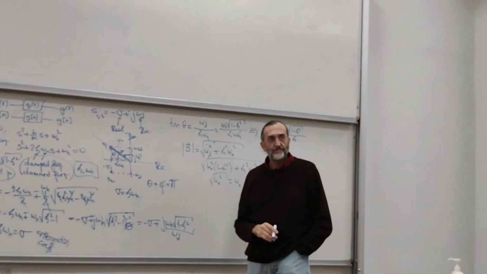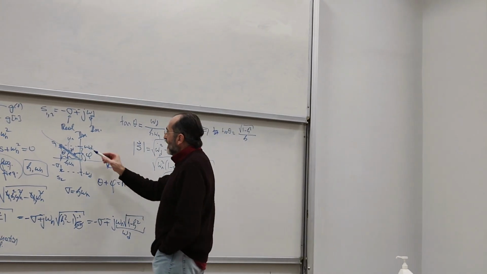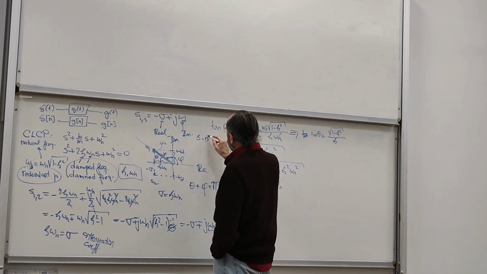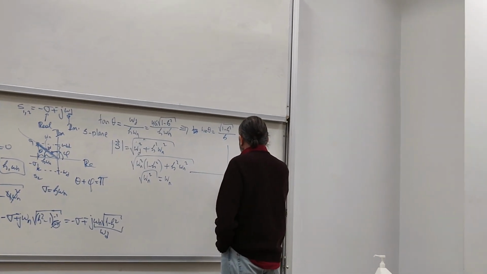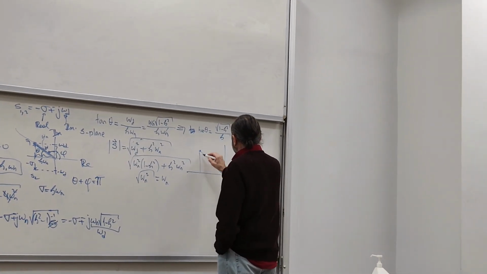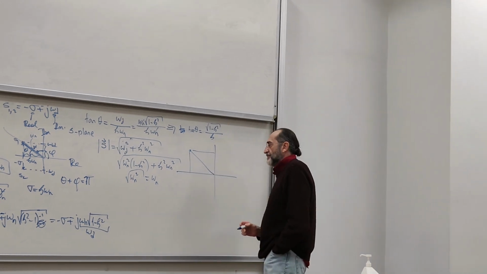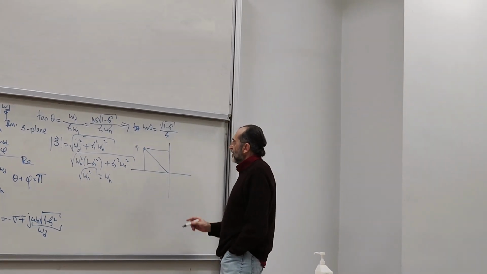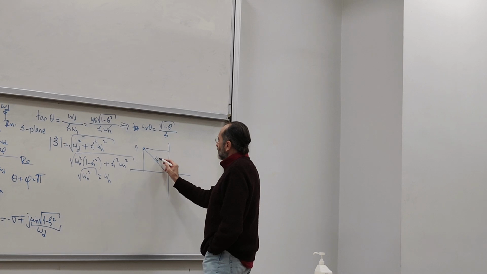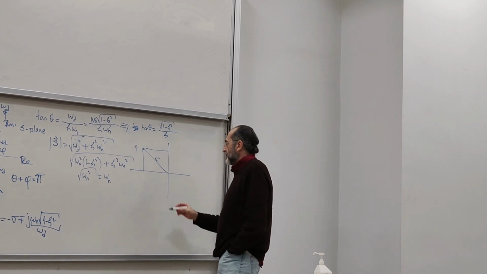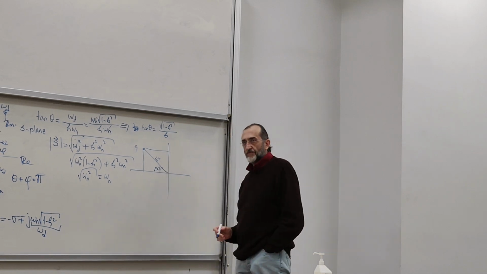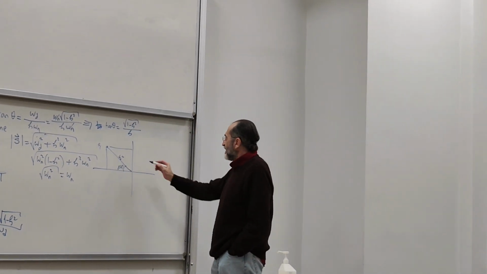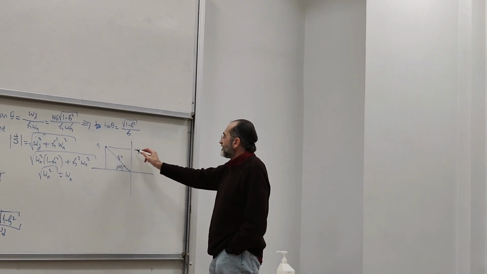Alright? So therefore, in the S domain, in the S plane, when you write the pole, this length is equal to omega n. This angle is a function of zeta. This gives you the omega d anyways.